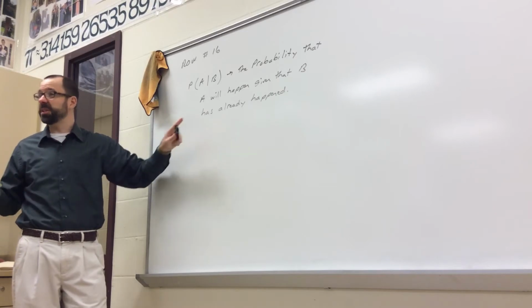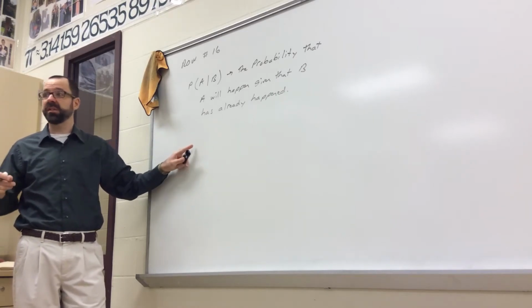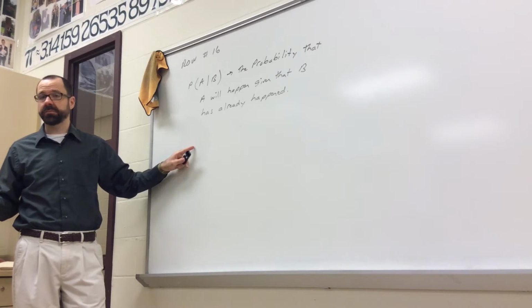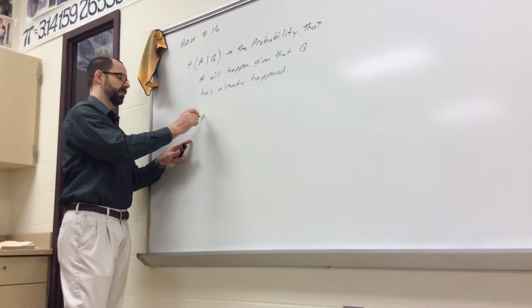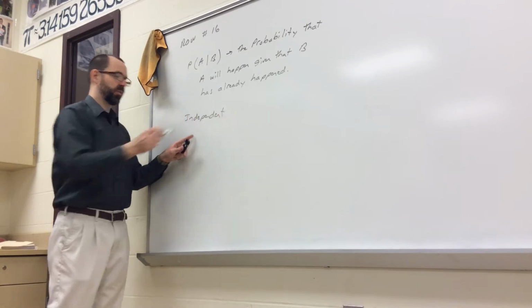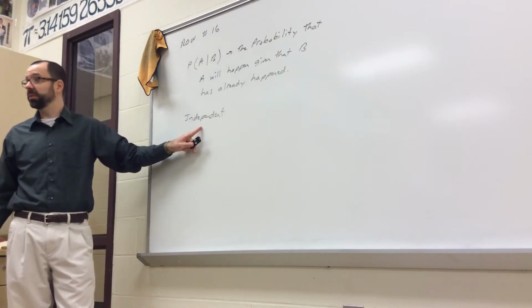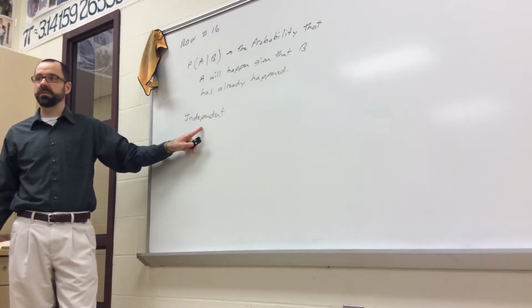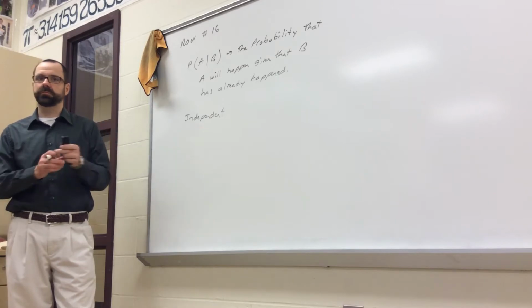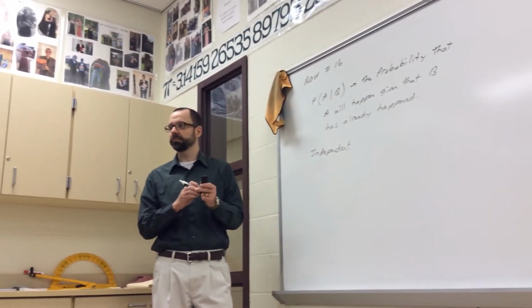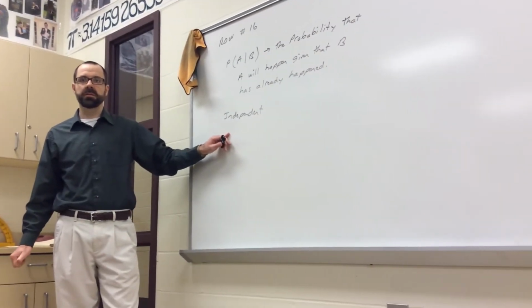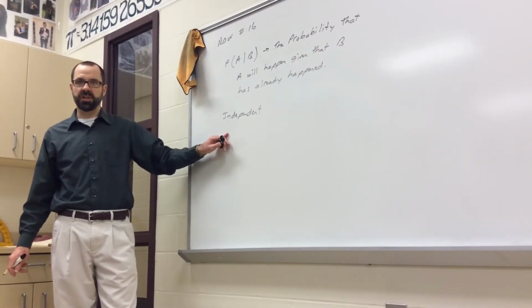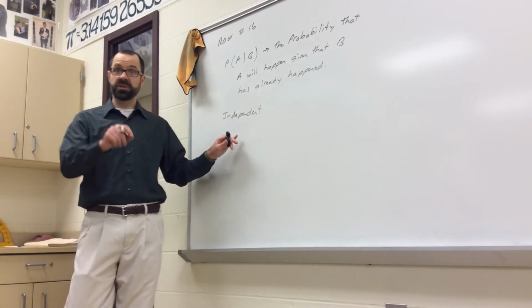All right, so then last week we learned about independent events and dependent events. So does anybody remember what independent events were? Yeah. Wasn't it like it doesn't matter what the outcome is, and like it won't change anything? It doesn't matter what the outcome is on the first event.